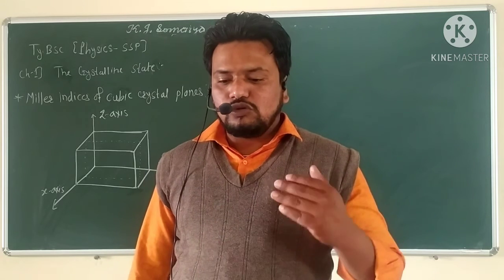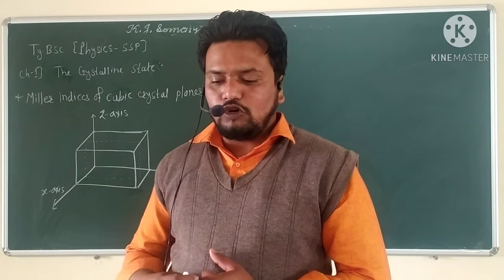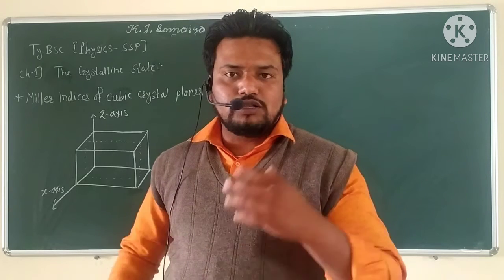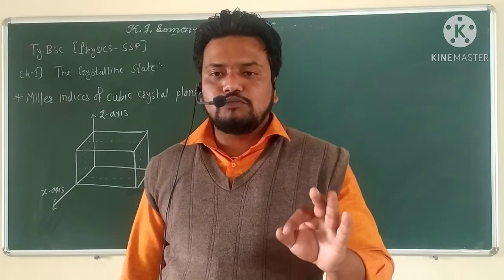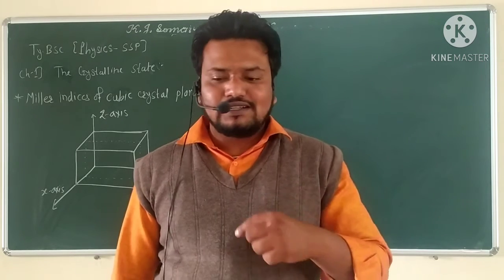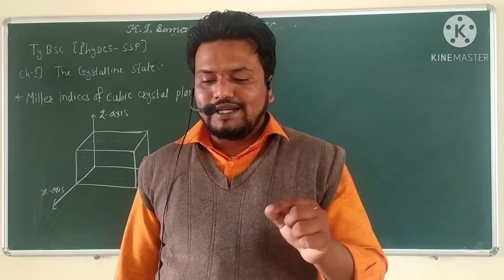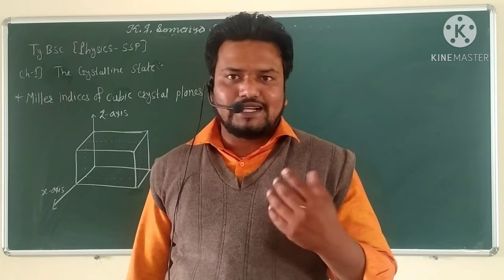Okay, so now the next point we want to see is when the intercept of the plane is on the negative side of the axis. What is the intercept of the plane which is on the negative side of the axis? The Miller index is distinguished by a minus sign which is placed directly over it.